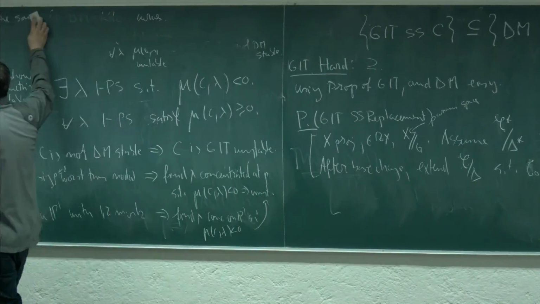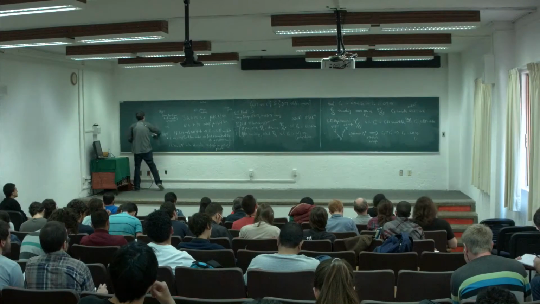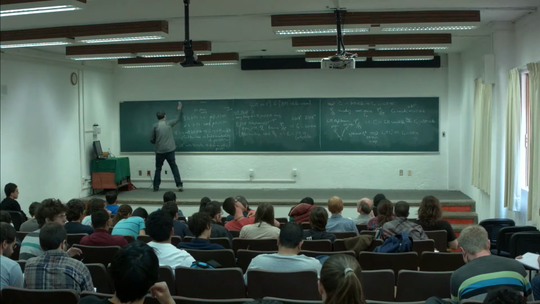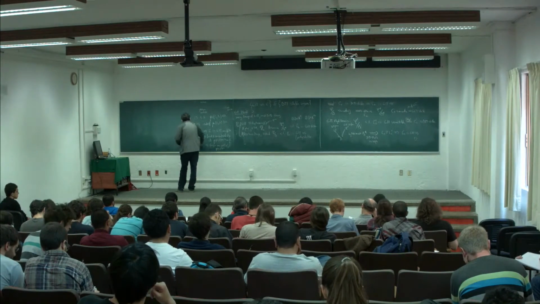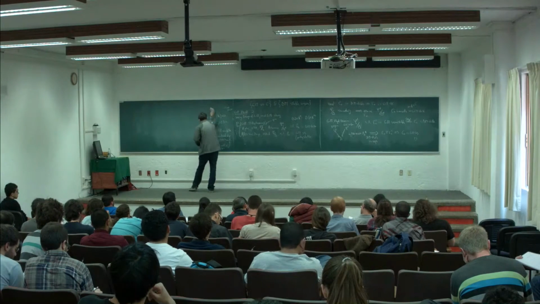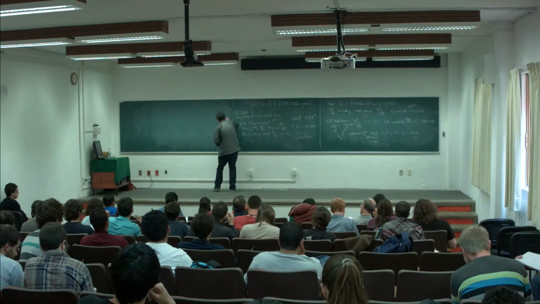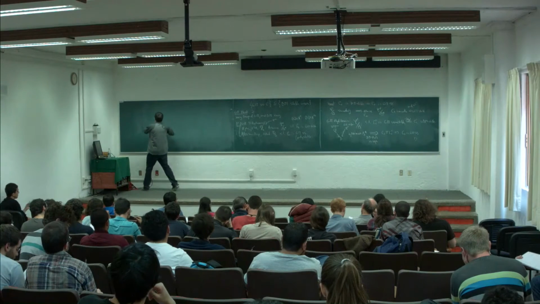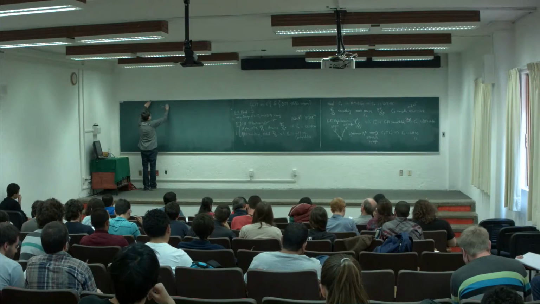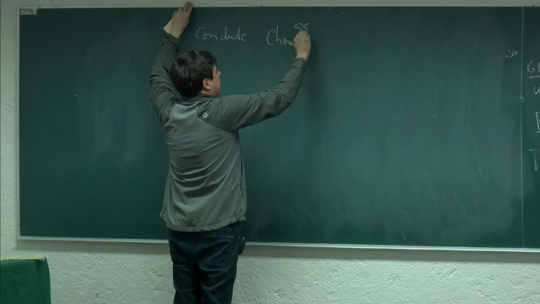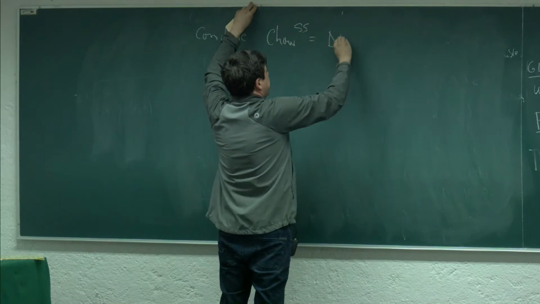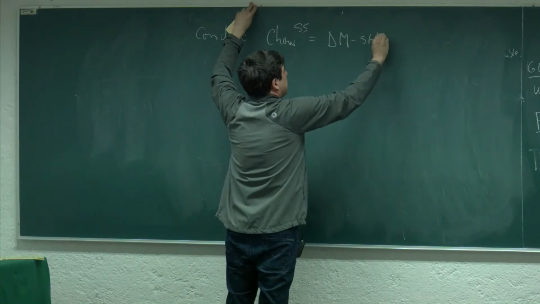And actually, wait a minute, I have one more thing to say. I conclude at this point that Chow semi-stable is the same thing as DM stable.